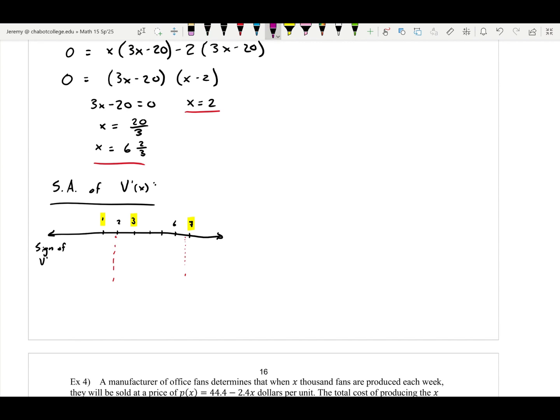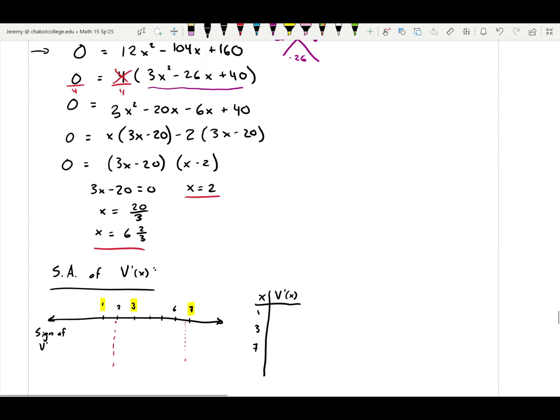Okay, so we could use these test values. And remember, I'm just plugging in. You could always do a little table of values, like I'm just plugging into v prime of x. And I'll plug in 1 and 3 and 7, and I'll see what numbers I get out from that.